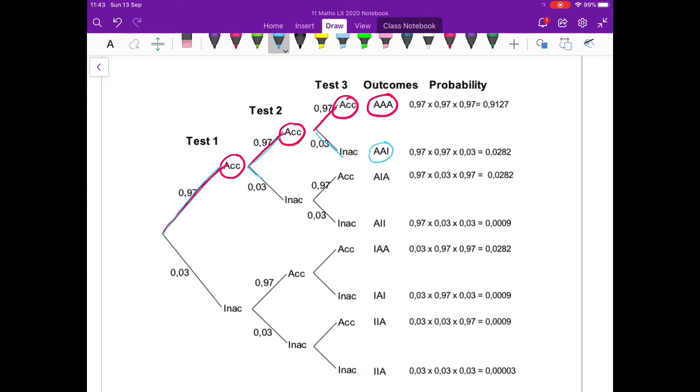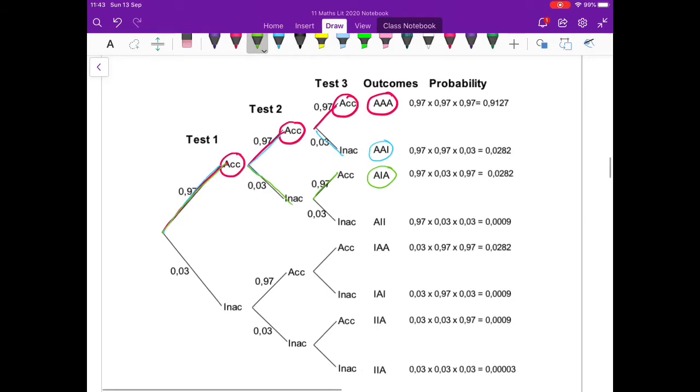The third one, you are going to go accurate, inaccurate, accurate. So that's how we got that outcome. And you would follow the same process through all of them, and to calculate the probability of accurate, accurate, accurate, you take the percentage on each branch, multiply it together, and that would be your rounded off value.